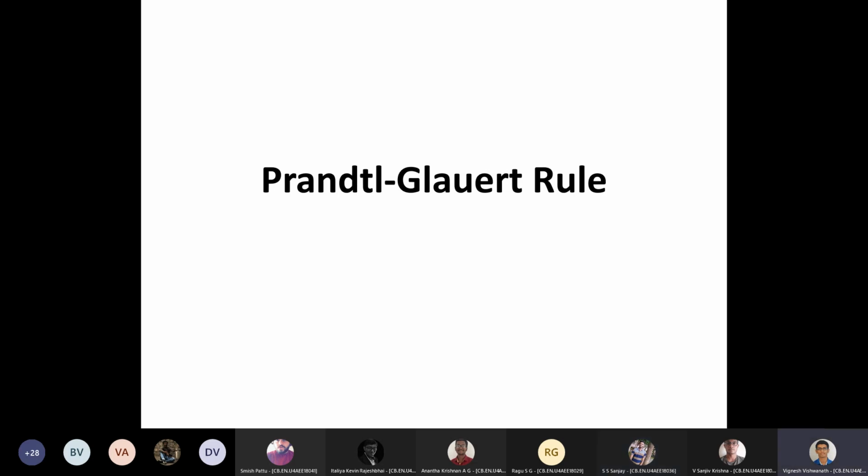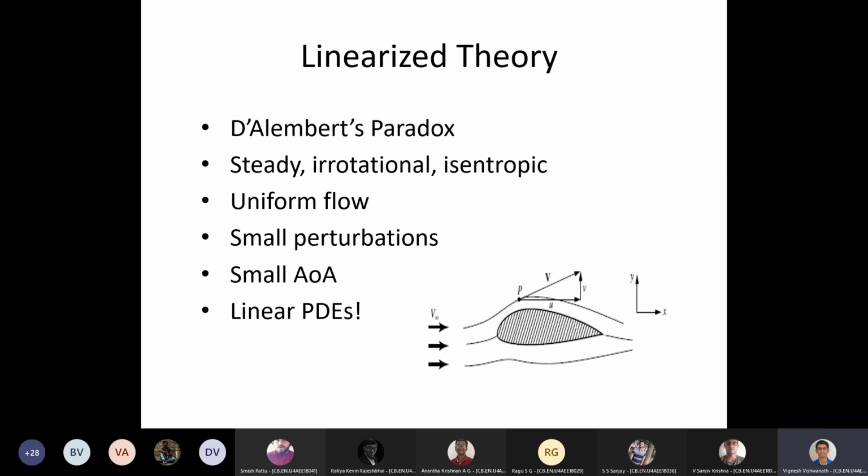I'll be presenting on the Prandtl-Glauert rule. This is a rule that comes from something called the linearized theory. Just a bit of background about this theory. We all know D'Alembert's paradox, which we learnt initially in the circular cylinder case, wherein it states that for inviscid incompressible flow, we do not have lift and drag.